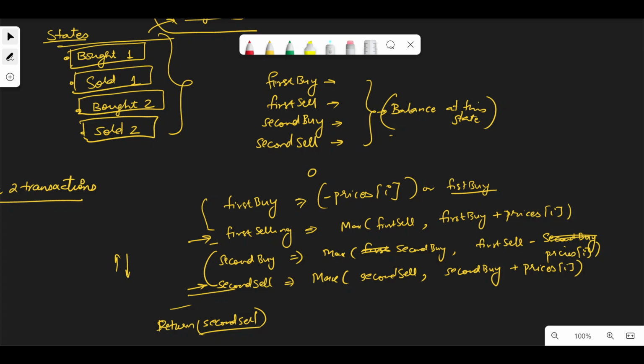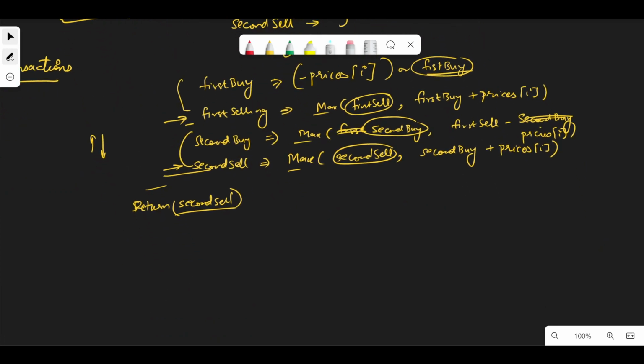Now, one thing: we're taking this max everywhere. So max, max, max. So what do we initialize these values to on the first day? I'm thinking of initializing the first sell and second sell to zero, which makes sense because you're doing plus something.